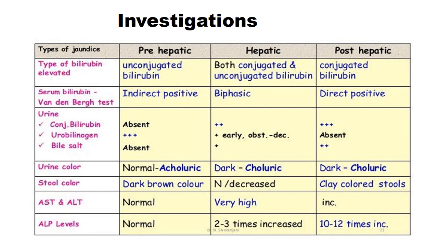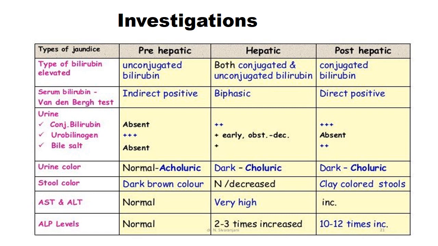Coming to investigations that you would do in a patient of jaundice, is the type of bilirubin which is elevated. This we had mentioned before: pre-hepatic has more unconjugated, post-hepatic has more conjugated, and hepatic has both. One of the tests that we do for serum bilirubin is called the Van den Bergh test. We'll come to it next. In urine, you can see conjugated bilirubin, urobilinogen, and you can check for bile salts.